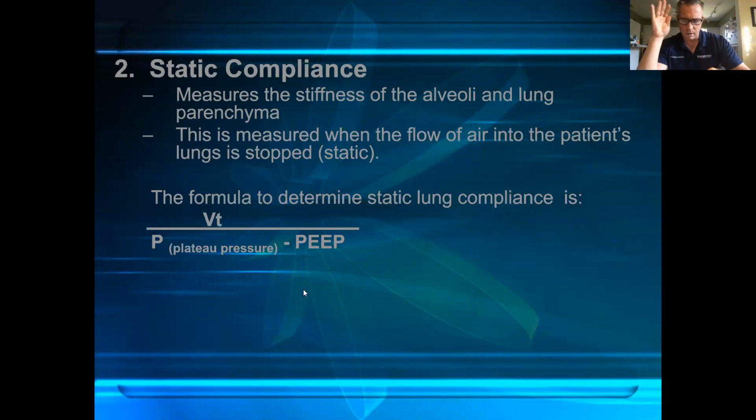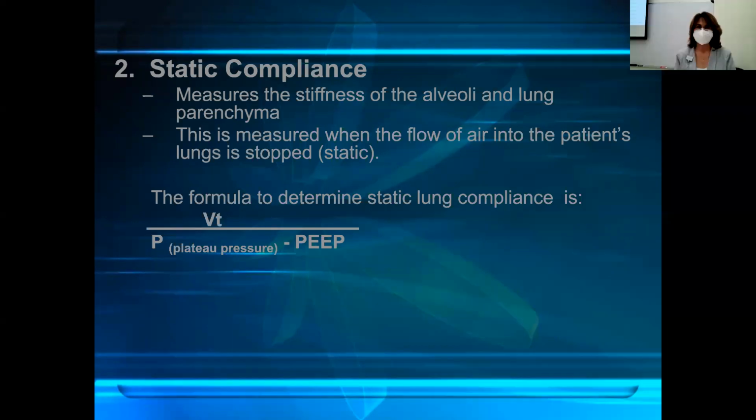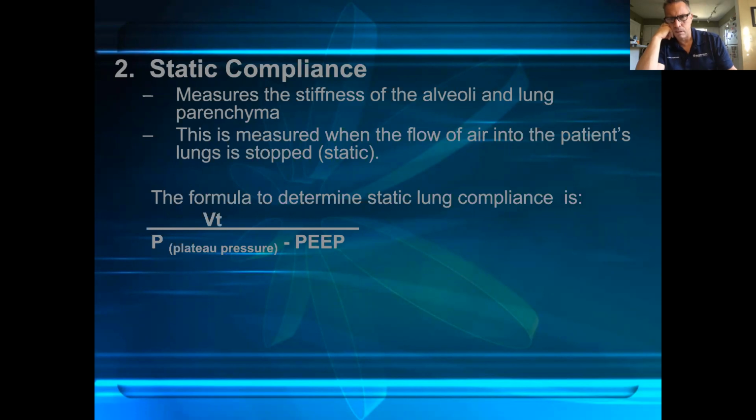How is this different than peak inspiratory pressure? Peak inspiratory pressure is going to be a reflection of both airway resistance and the stiffness of the lungs. So it's going to be a higher pressure.